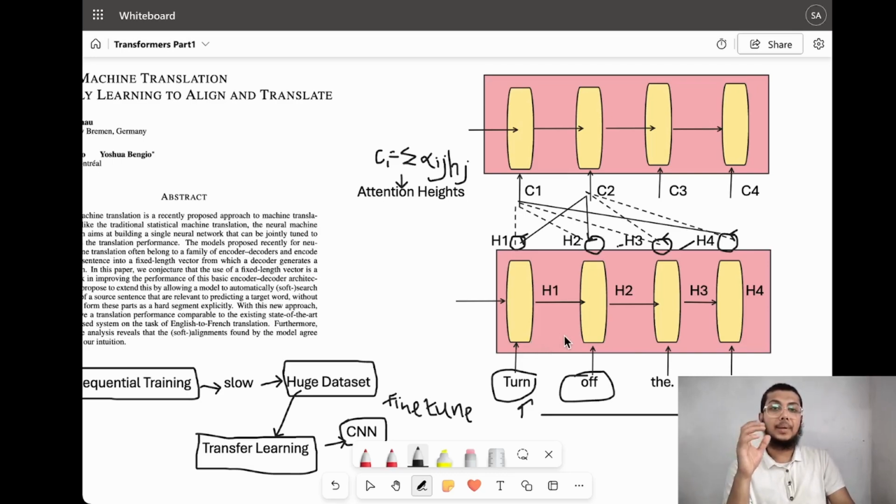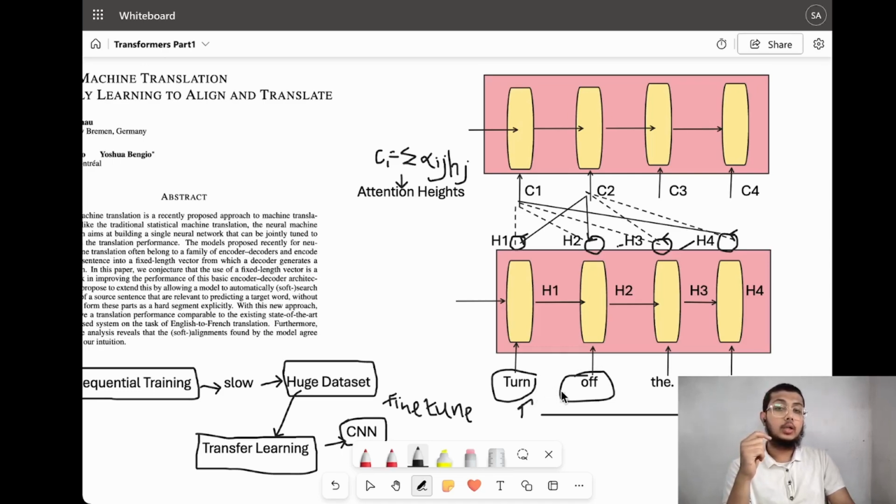Like to print light, you don't need turn off, you need the word light. It doesn't mean the, but only turn and off.